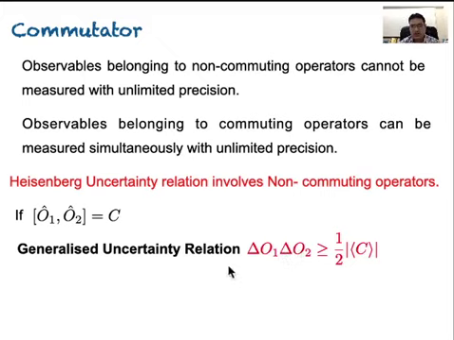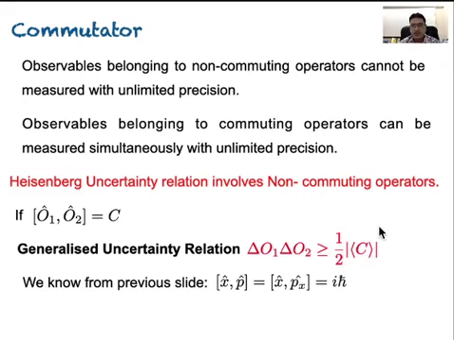So if there are two operators O1 and O2 and the value of their commutator is C, then the uncertainty principle says that delta O1 times delta O2 must be greater than or equal to half times the modulus of the average value of C.